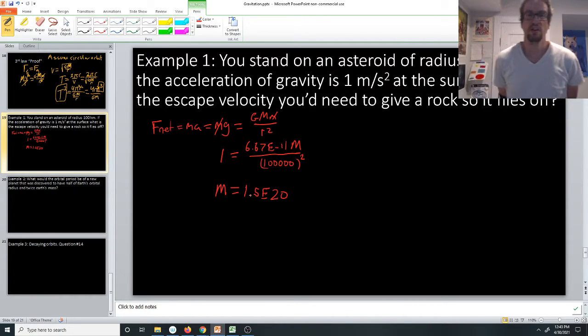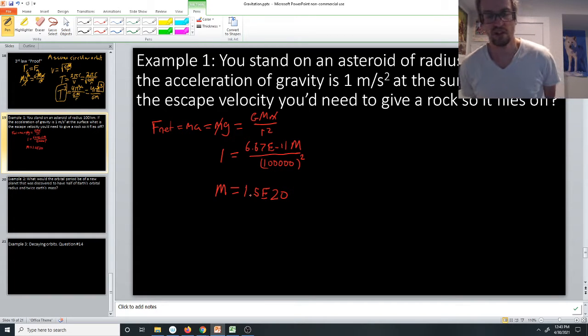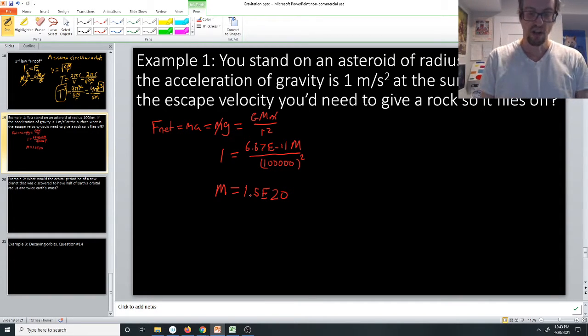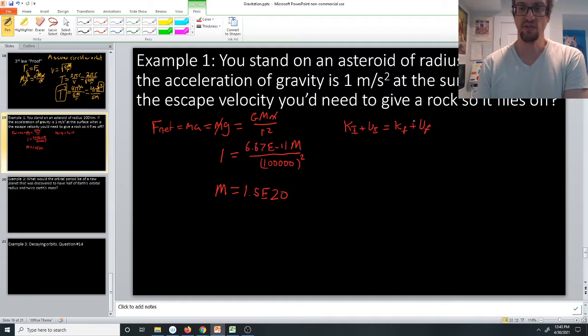So it still seems big, but it's pretty small compared to the Earth. Alright, so we've got escape velocity. To find escape velocity, we're going to use the energy equation: kinetic initial plus potential initial equals kinetic final plus potential final. We want escape velocity, so potential final is 0, and we want it to barely reach that, so kinetic final is 0.